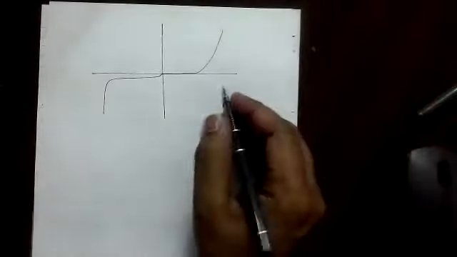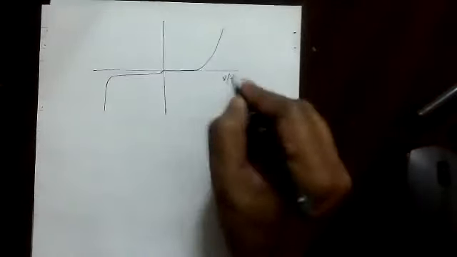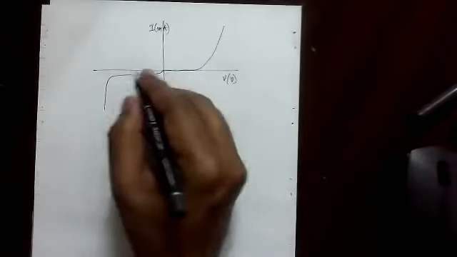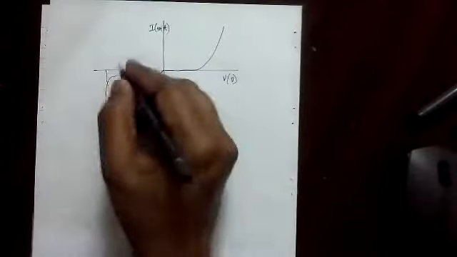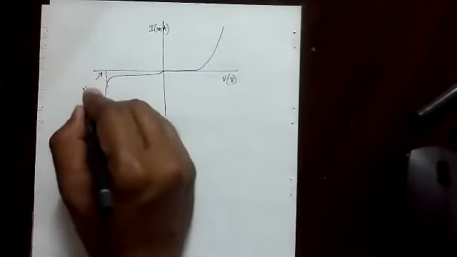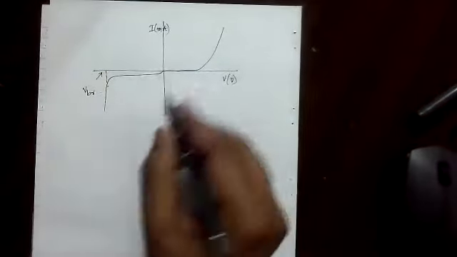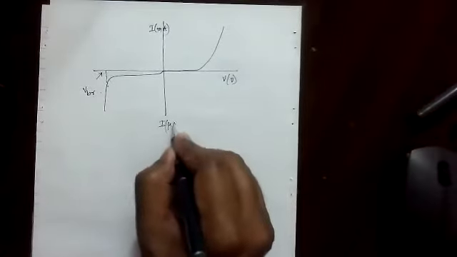When we draw the VI characteristic of a diode, this is volts and current in milliamperes. Here this voltage is said to be the breakdown voltage, VBR, and the current here is in microamperes.